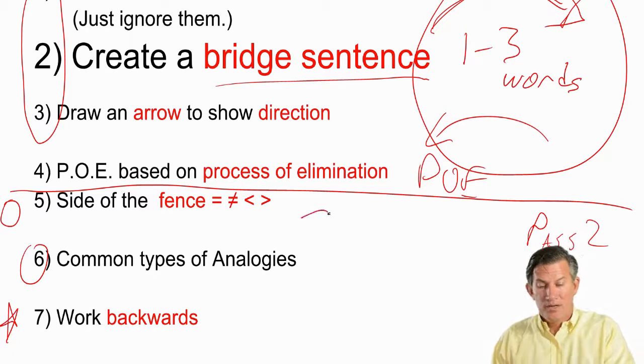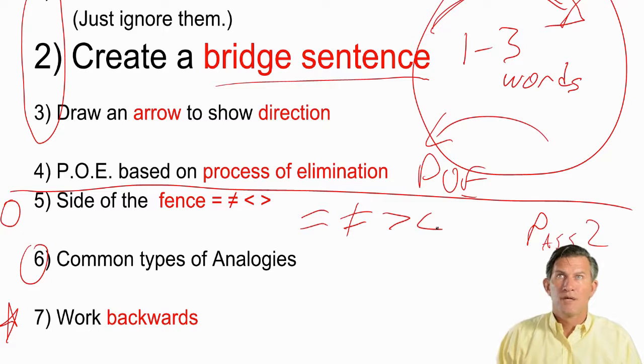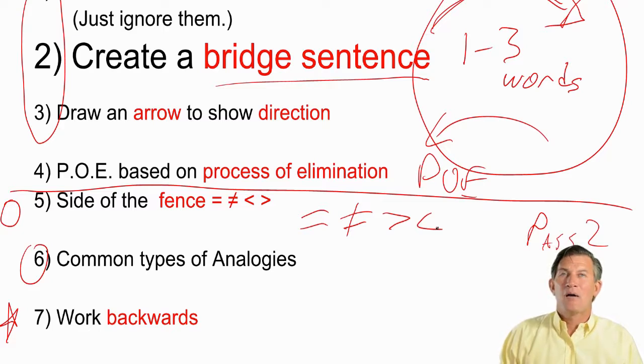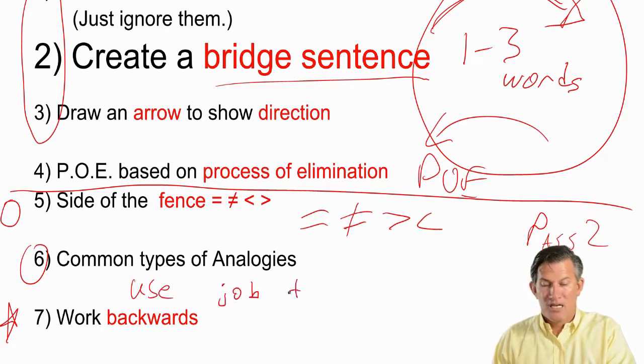And then you can use side of the fence. It's either the same, a synonym, an antonym, or degree, okay? Greater than or less than, okay? You're going to think about the common types of analogies, okay? And then let's write those here. Use, job, type, synonym, antonym, degree.